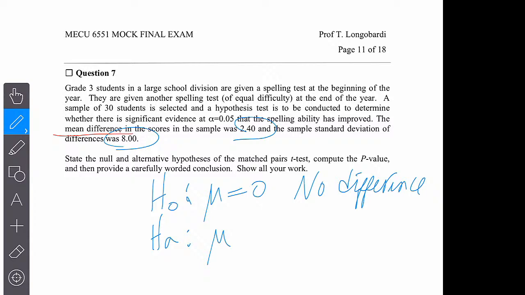And because I put 0 here, I have to put 0 here. And what I'm looking for is an improvement. Now, how did we subtract these? We'll assume that they subtracted the old one from the new one, and so we're checking to see if the new score minus the old score is greater than 0 for an improvement.